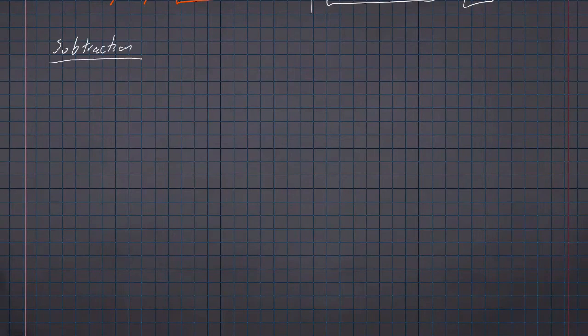The rule for subtraction is almost cheaty. The rule for subtraction is to rewrite the problem using addition. In algebra, subtraction doesn't actually exist.